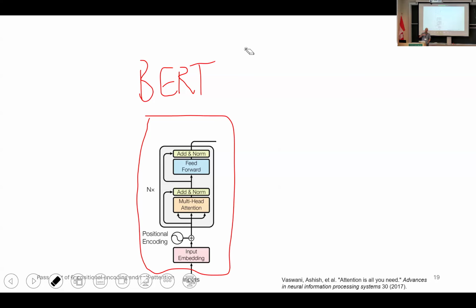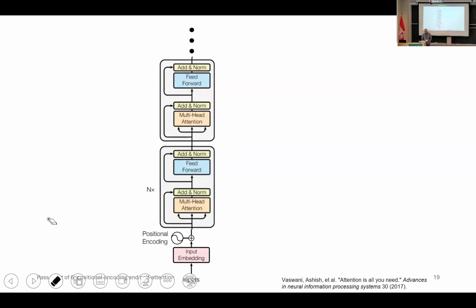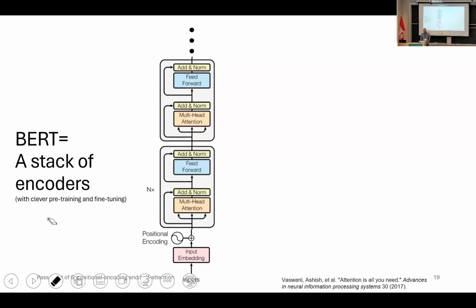So each layer is just multiplication, addition, and those sorts of arithmetic. And what the developers of BERT did was put 8 of these so-called encoder layers on top of each other. And so we can think of BERT as a stack of encoders.